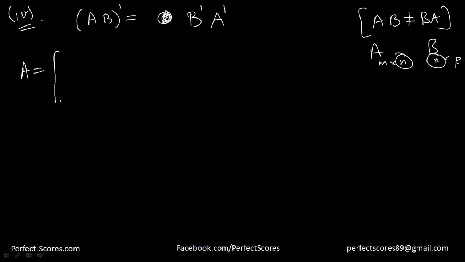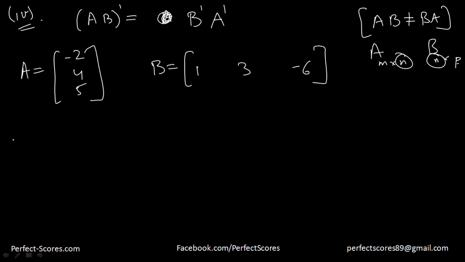Let's suppose I have A to be equal to -2, 4, and 5, and I have B to be equal to 1, 3, and -6. Now let's suppose I try to find A times B, what am I going to get? I'm going to multiply this row here with this column here, so this is going to be -2.